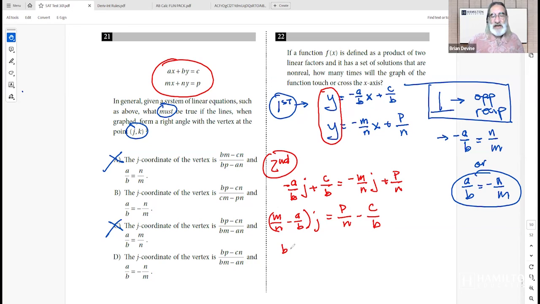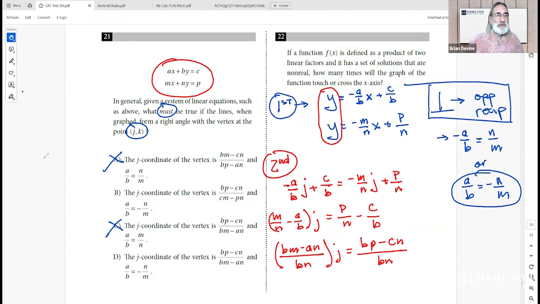I'd have bm minus an over bn times J has to equal bp minus cn over bn.